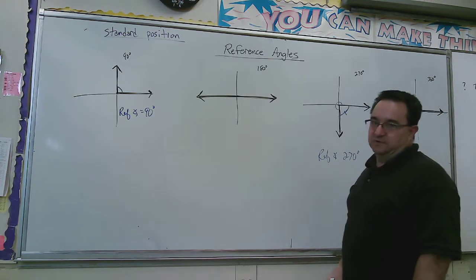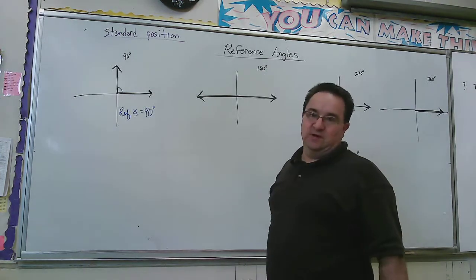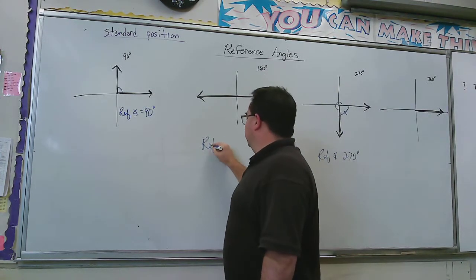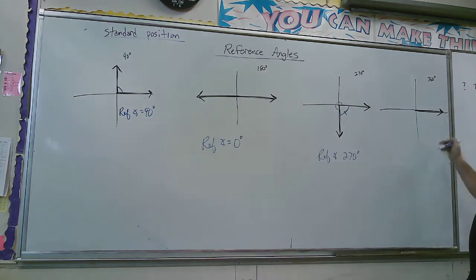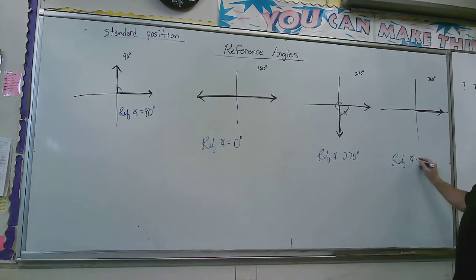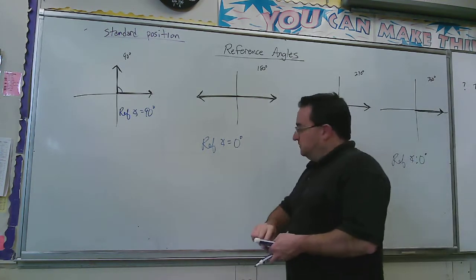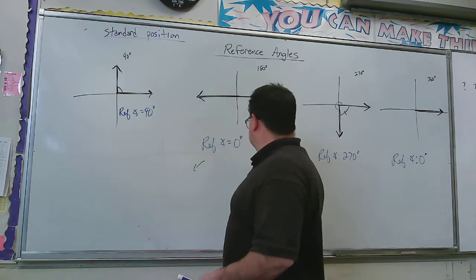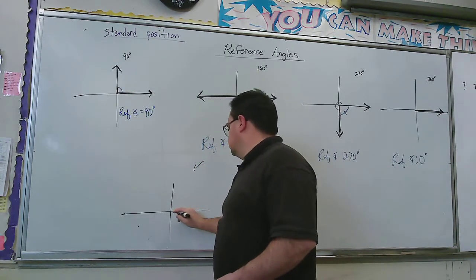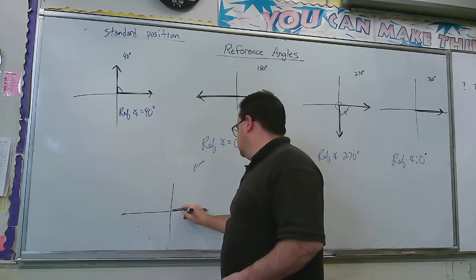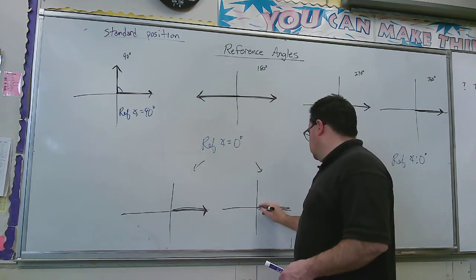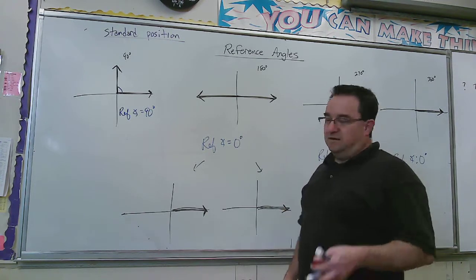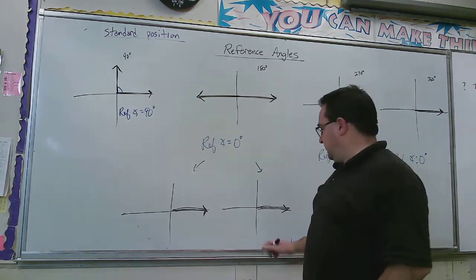Now these are the weird ones. The given angle is 180. The reference angle is 0. And this 360, the reference angle is 0. So let's take a look at those. Let's say it was not quite 180.